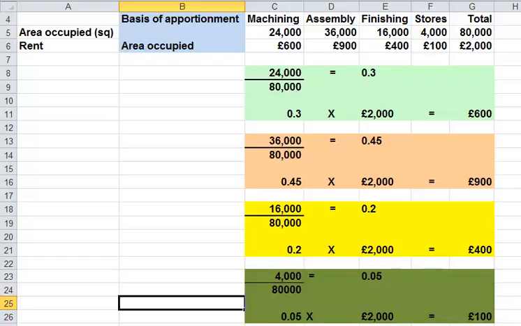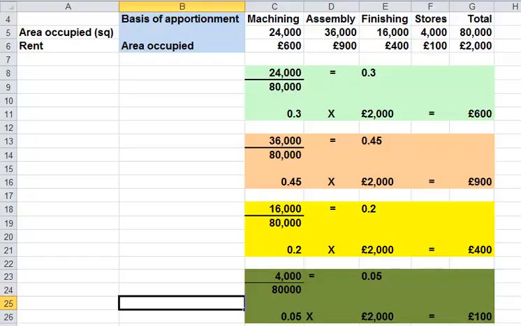Now the rent comes to 2,000. If we're going to use the area as the basis for the apportionment, then we have a total of 80,000. So the rent on the premises is 2,000 for 80,000. Out of this 80,000, machining takes 24,000. So machining should bear the proportion 24 divided by 80, which is 0.3.